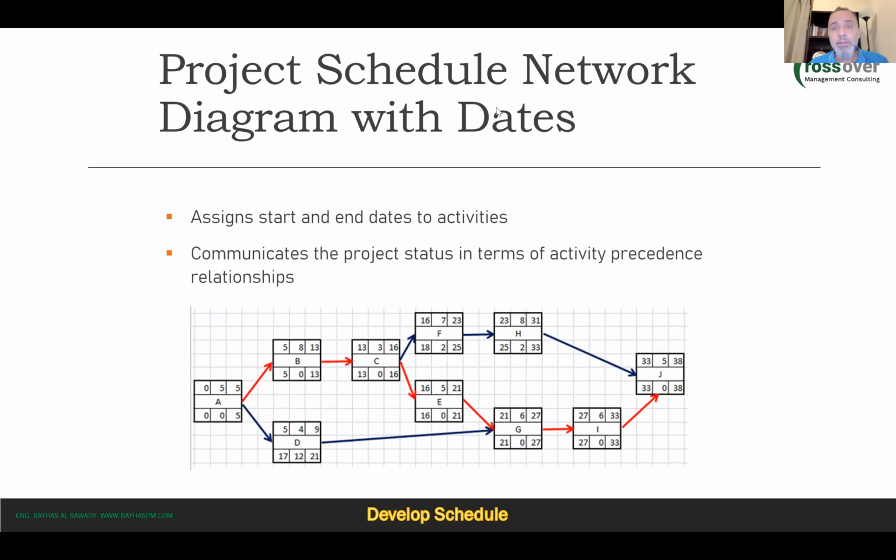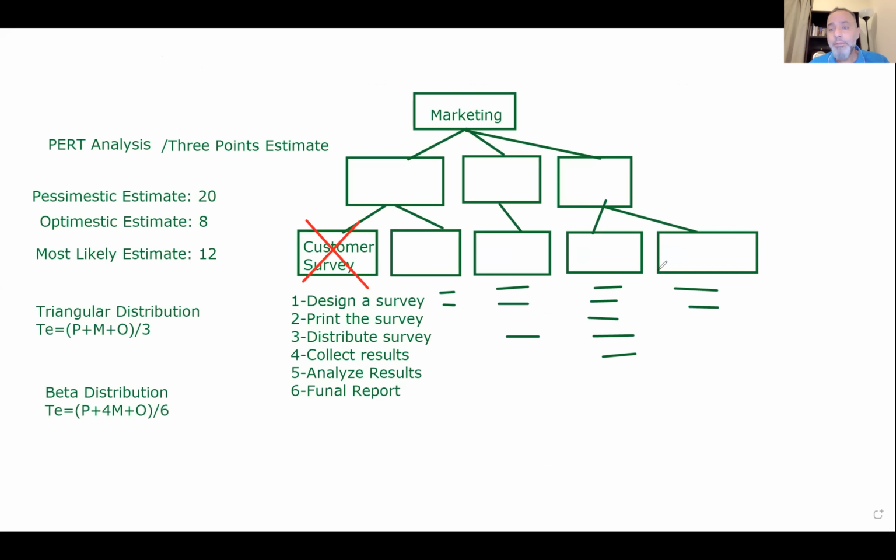Now let me explain this a little bit. Let's go back here. So using what we call the precedence diagramming method, this is a technique that you can use in order again to determine the sequence of those activities.